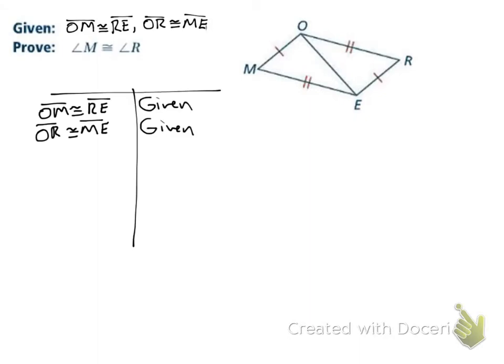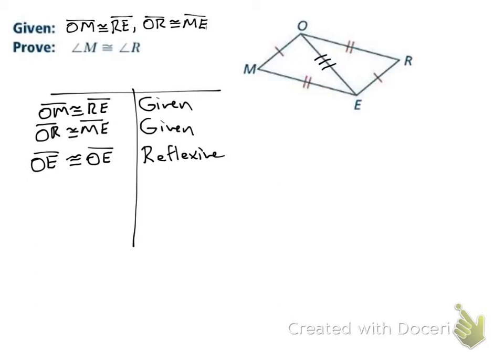Okay, third line. What's the reason on the third line? Reflexive. It shows up all the time. We don't have to sit there and solve for it. What's nice in a problem like this is when I have OE congruent to OE, in doing that with the givens along with the reflexive, I got congruence.